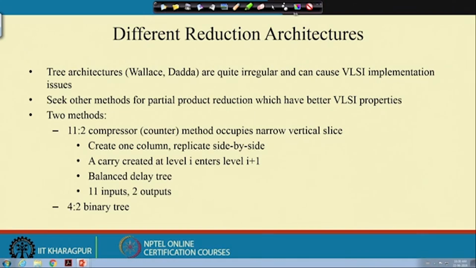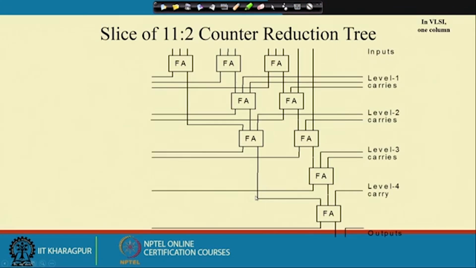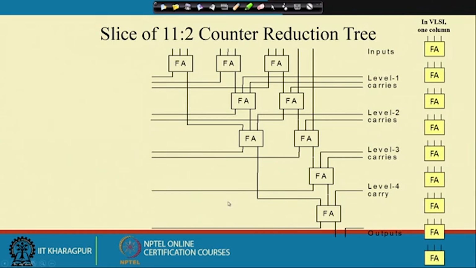Okay. So, if I just see the corresponding architecture, that means the inside of this 11:2 compressor, at that time you see that the cells are like VLSI cells, coming like this.